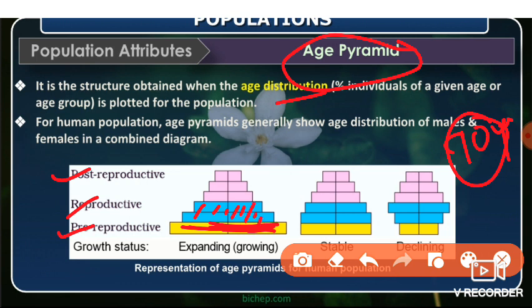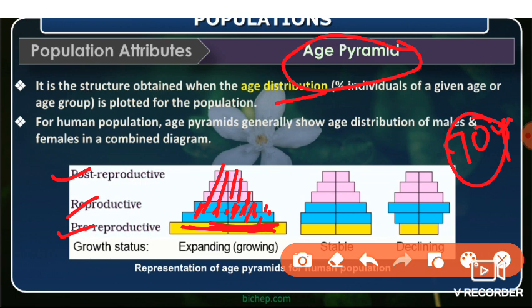But the organisms that have the capacity to reproduce are also present here in enormous number. And then the post-reproductive aged individuals are a little bit less in number. It means it is growing, or it is expanding.